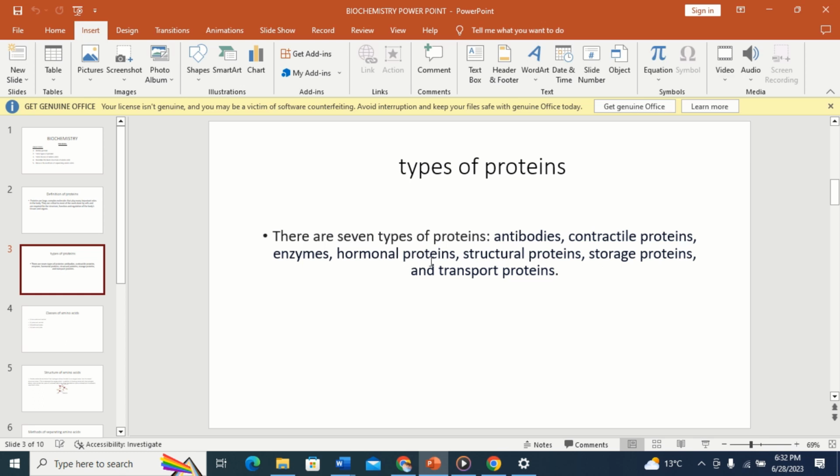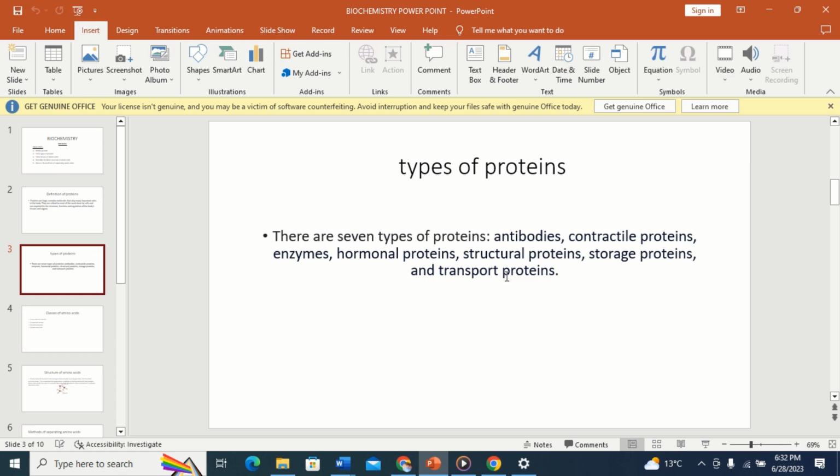Enzymes are majorly proteins, and that is why when you are doing your studies in biology in Form 1, we state some of the properties of enzymes. We say that they are denatured. Proteins are always denatured by temperatures, and under low temperature they become inactive. So enzymes have those features of proteins, just like other proteins. Then we have hormonal proteins.